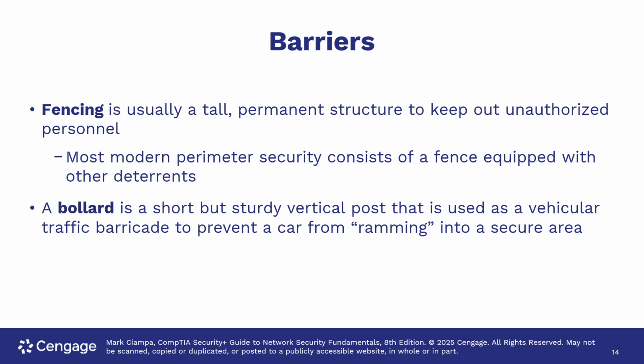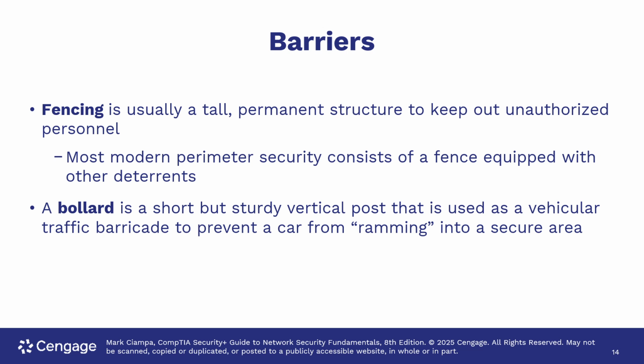So fencing is usually a tall, permanent structure to keep out unauthorized personnel. Most modern perimeter security consists of a fence equipped with other deterrents, like barbed wire or other things like that. A bollard is a short but sturdy vertical post that's used in a vehicle traffic barricade to prevent a car from ramming into a secure area.